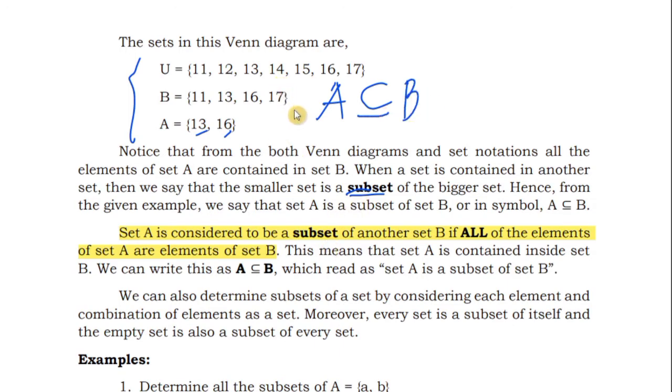I also have another question: are all elements in B found in set A? Again, are all elements in B, which are 11, 13, 16, 17, found in A?